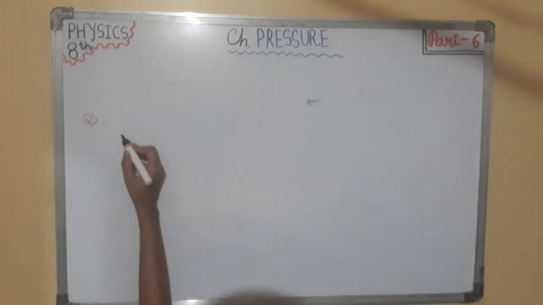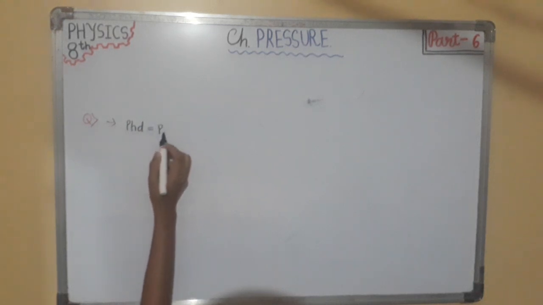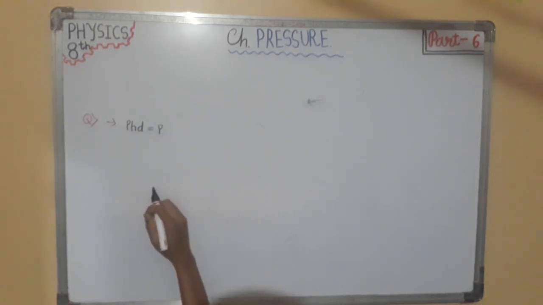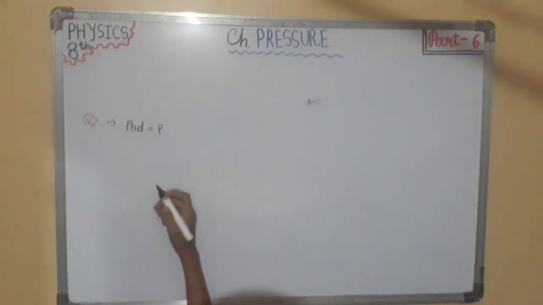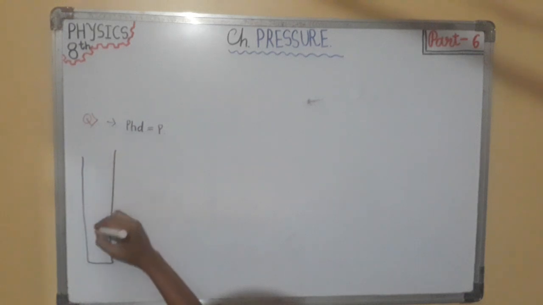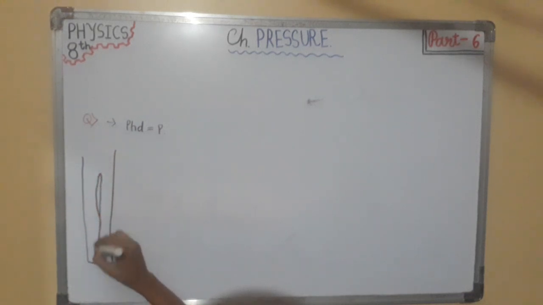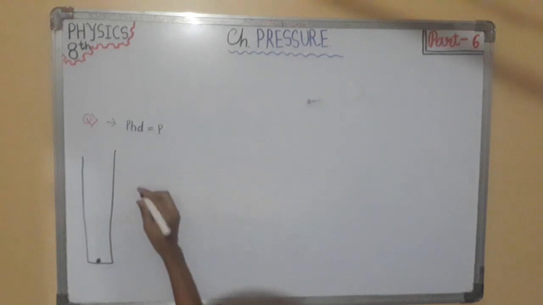So we know the formula is P equals hdg, where P is pressure. This is the mercury, and we'll take this point.